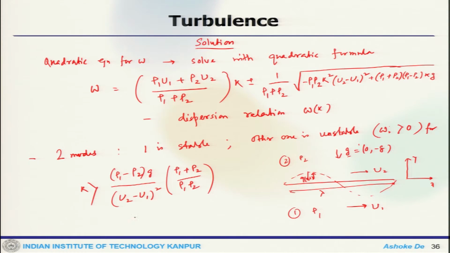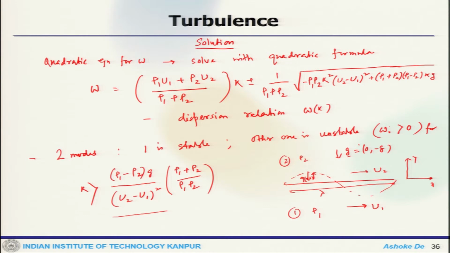So, if we neglect the surface tension, then you can see what happens, that one can work out also. The solution will tell you one stable mode, one unstable mode.